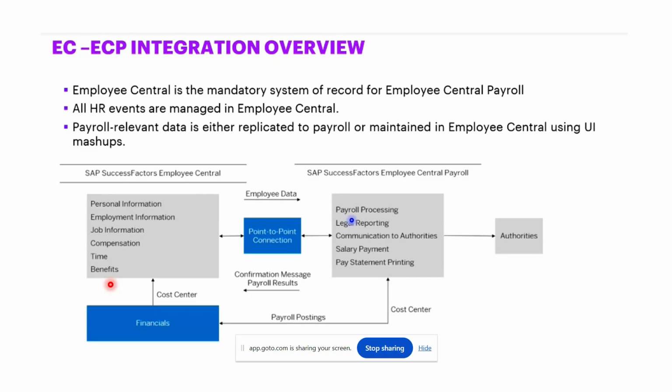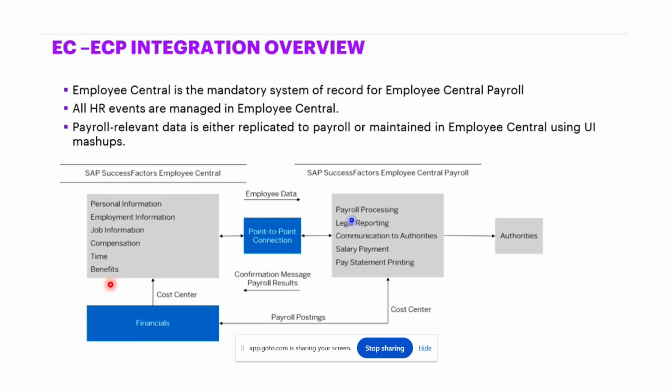Now, Employee Central payroll was introduced some years back, if I remember correctly, it was early 2019, or late 2019. And before that, SuccessFactors didn't have a payroll solution. For SAP payroll, we had an on-prem payroll solution. That is the good old payroll system, which is the first product of SAP, if you know, from the 1970s.